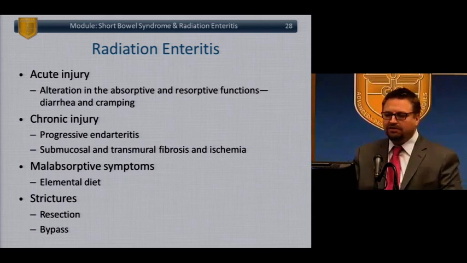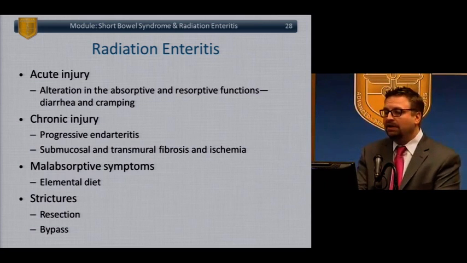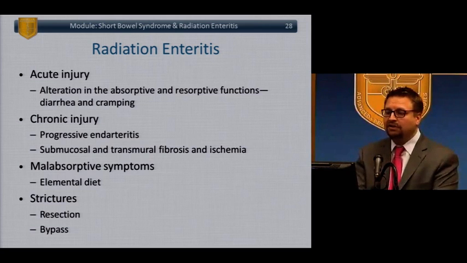Okay, radiation enteritis. Radiation enteritis really takes two forms. Initially, there's an acute injury, which alters the absorptive and resorptive functions. So patients will have crampy abdominal pain and diarrhea. And this is what occurs acutely, while patients are receiving radiation therapy or shortly after.